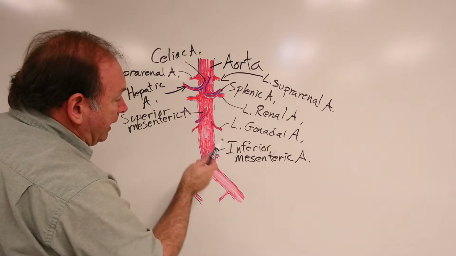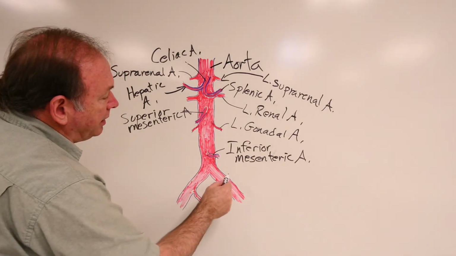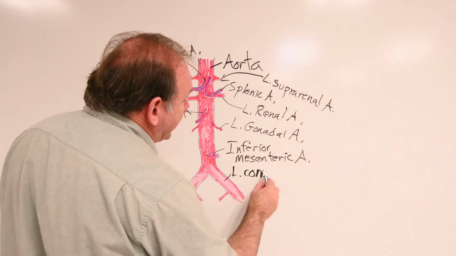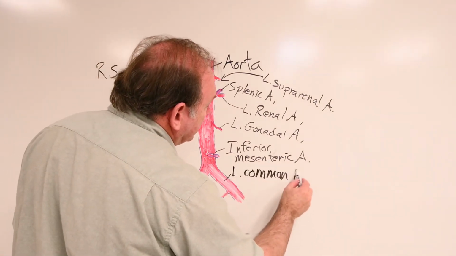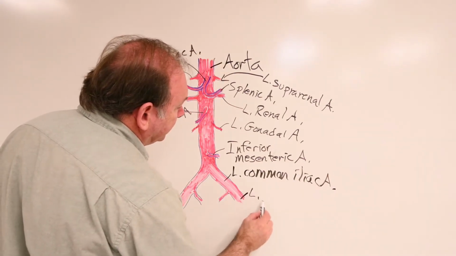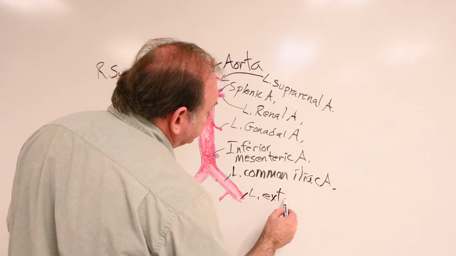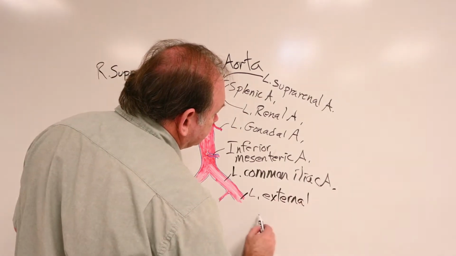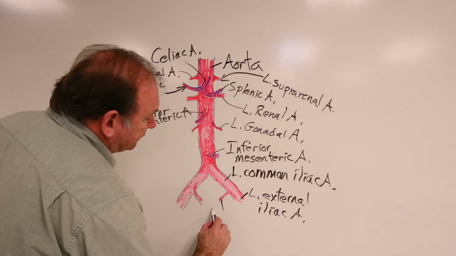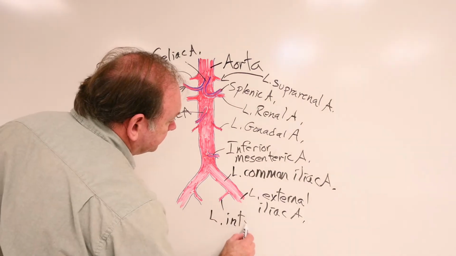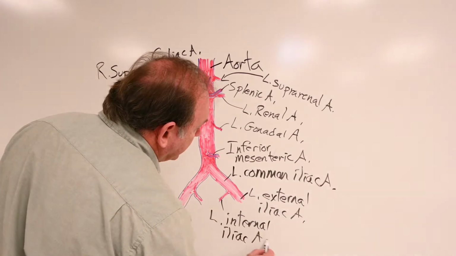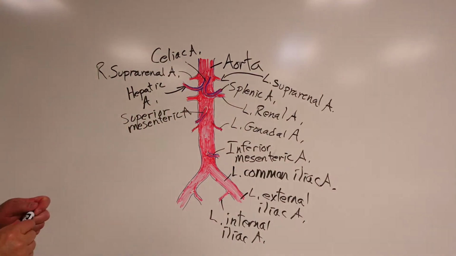And down here, after the split of the aorta, we have the left common iliac artery, the left external iliac artery, and then the left internal iliac artery.